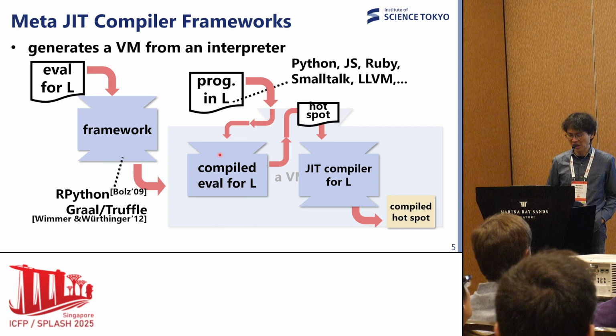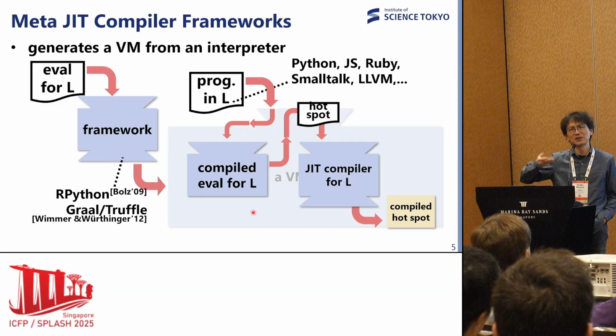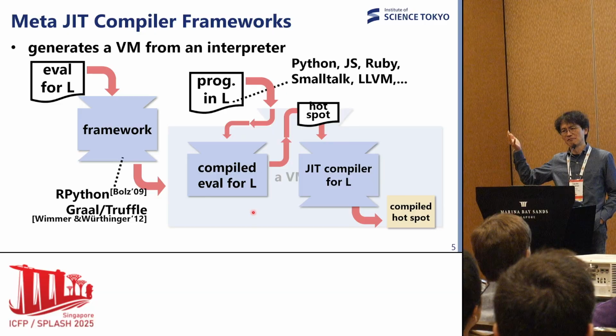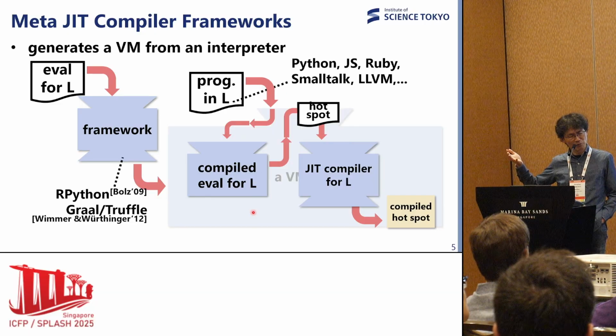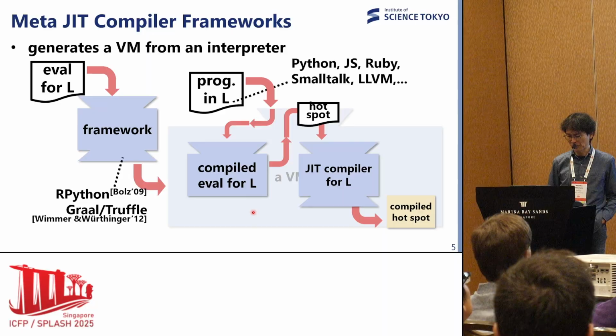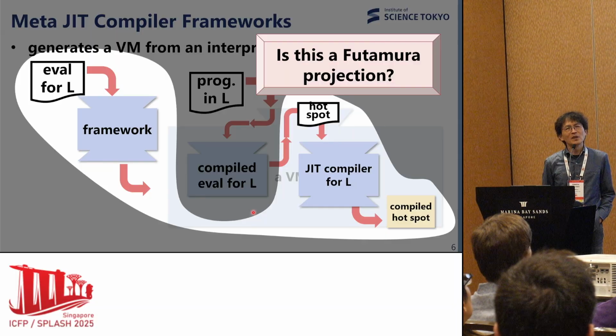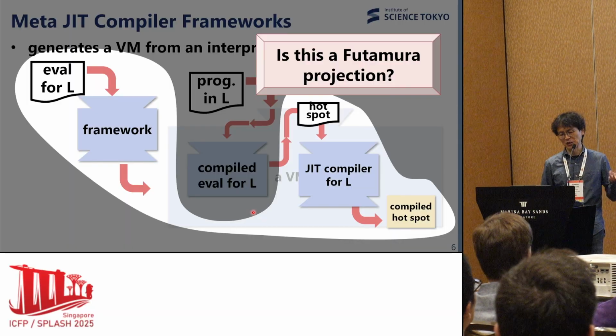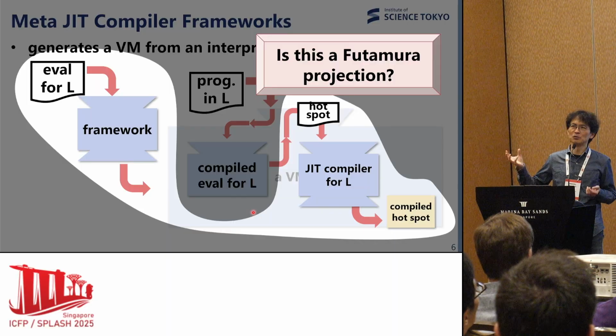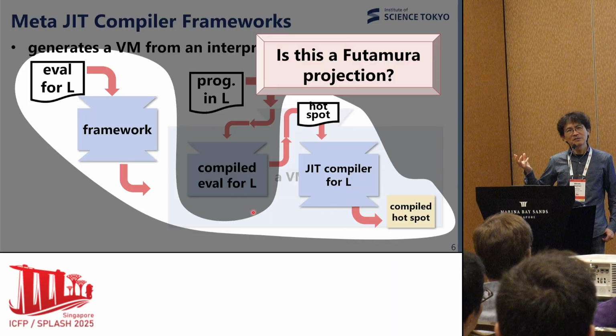This interpreter basically executes the program and finds hotspots, and then runs the just-in-time compiler to get compiled code. If we look at this figure, we see that this framework gets an interpreter and does compilation. So this looks like doing some kind of Futamura projection.